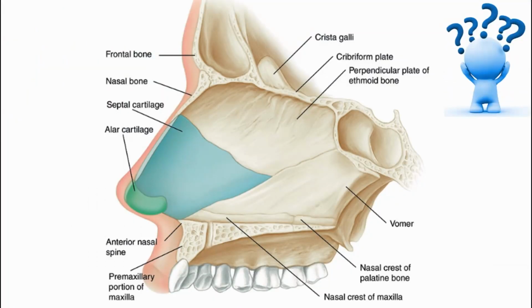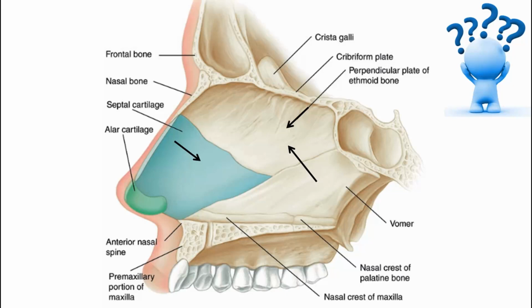What is this? This is the nasal septum. What does it make? It makes the medial wall of the nasal cavity, and it is made of a bony posterior superior part of the ethmoid bone, and then a separate bone called the vomer makes the lower posterior part of the nasal septum.